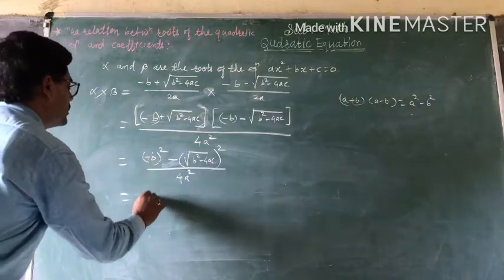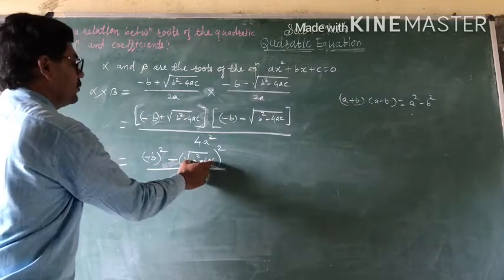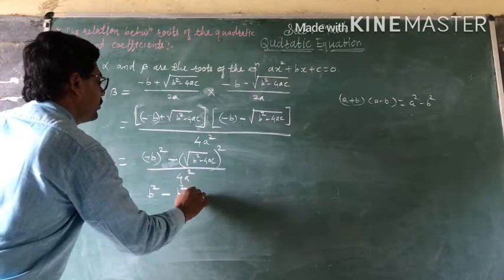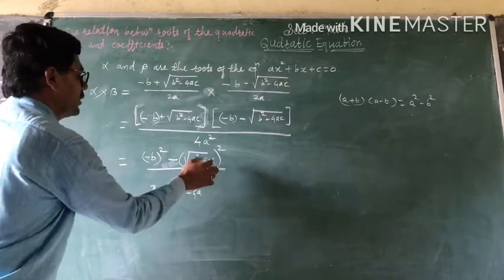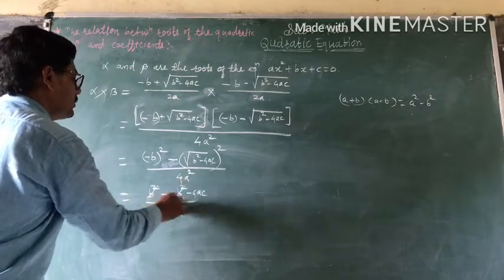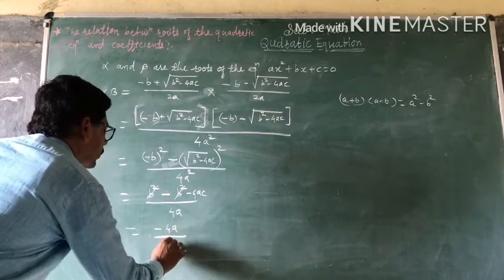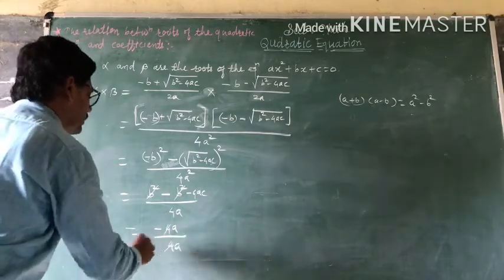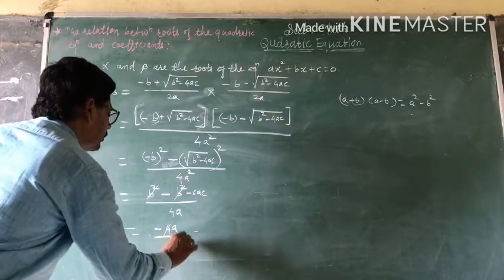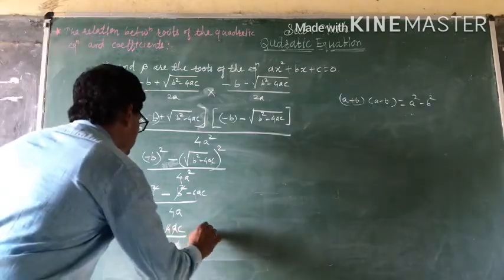The square of minus b is b square, minus the square of root b square minus 4ac, which is b square minus 4ac, all divided by 4a square.